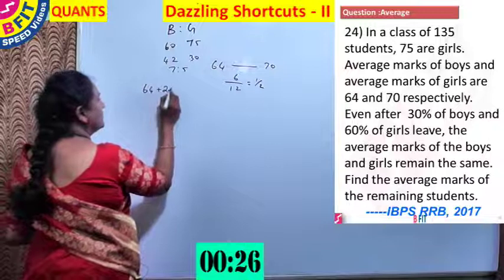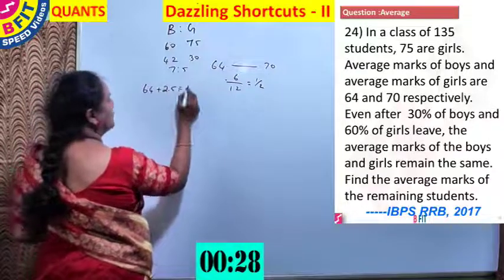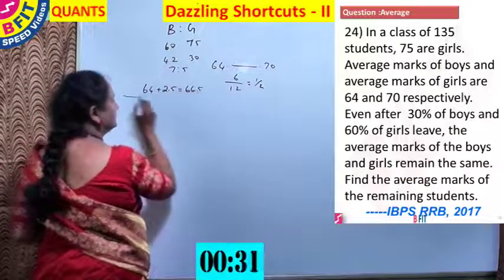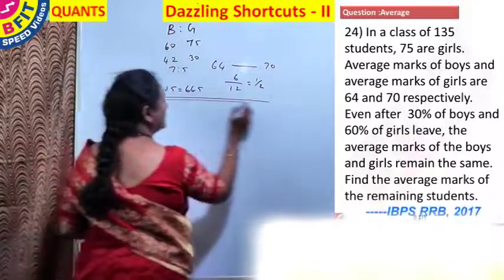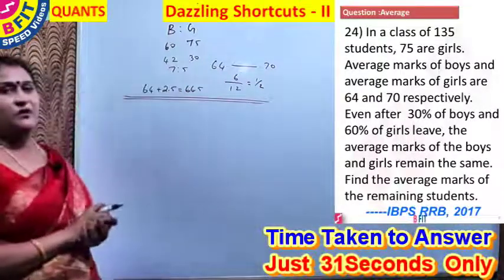So the answer is 64 plus 2.5, which is 66.5. So the average marks of the remaining students is 66.5.